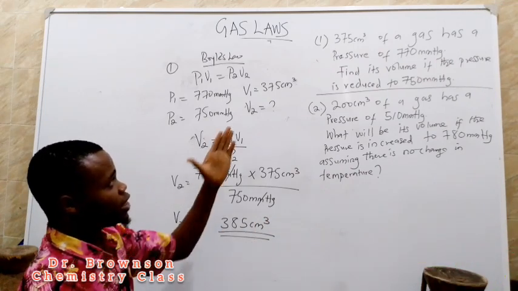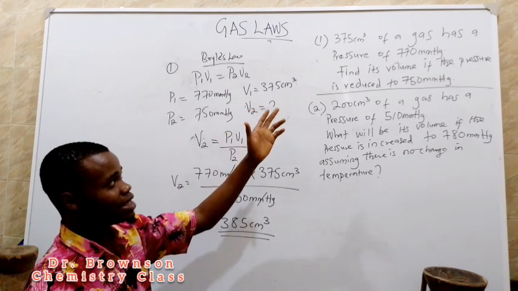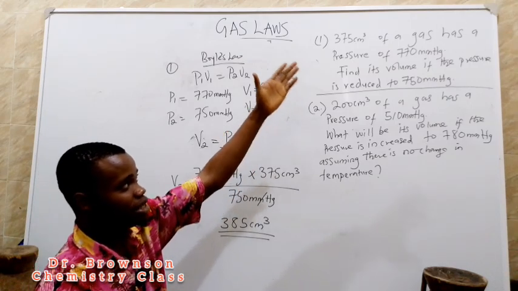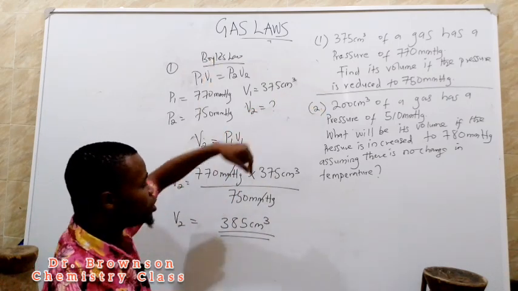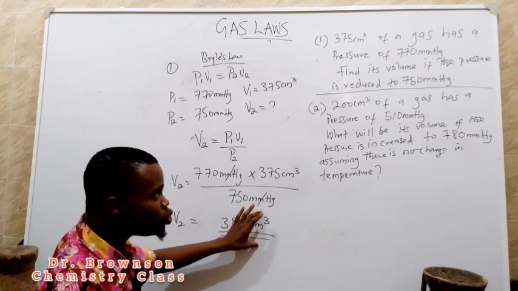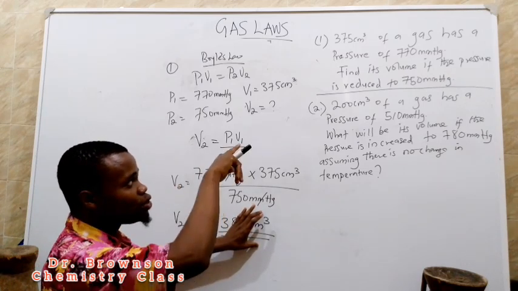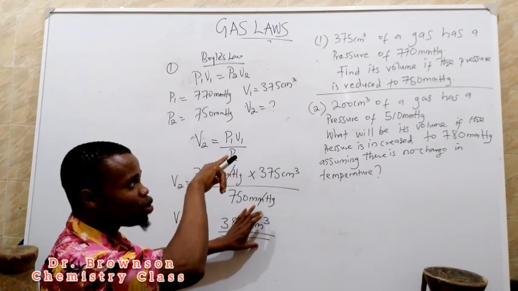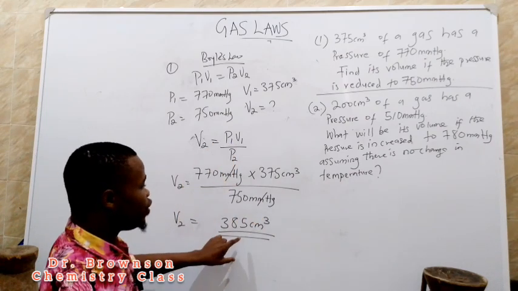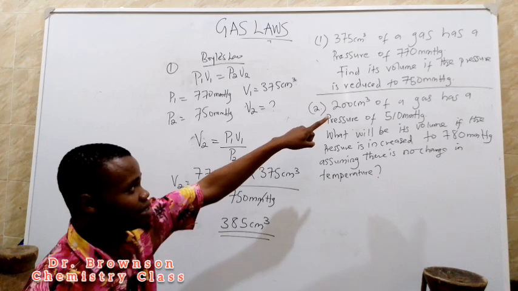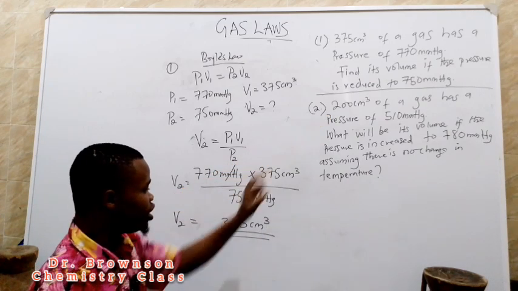So 375 centimeter cube of a gas has a pressure of 770 millimeter mercury. So 385 centimeter cube. So they say find its volume if the pressure is what? Reduced. So for the pressure to be reduced to 750 millimeter mercury, you need what?